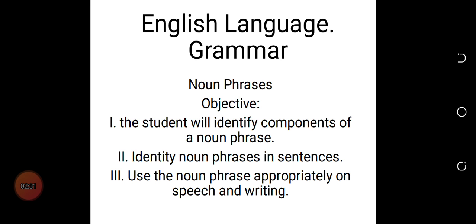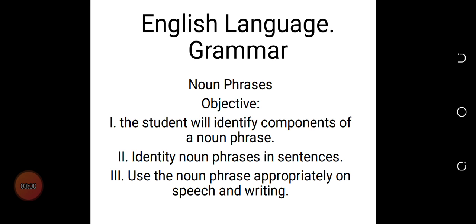So we later looked at some kinds of phrases. We looked at a noun phrase as one, adjectival phrase, prepositional phrase, adverbial phrase, and then a verb phrase. We looked at all that. So we are going to consider noun phrases.